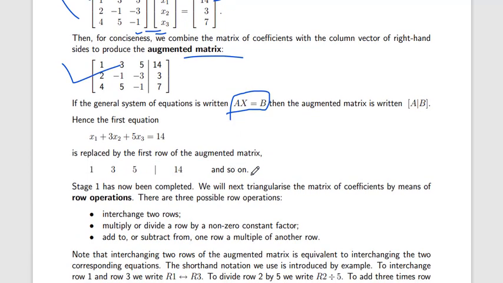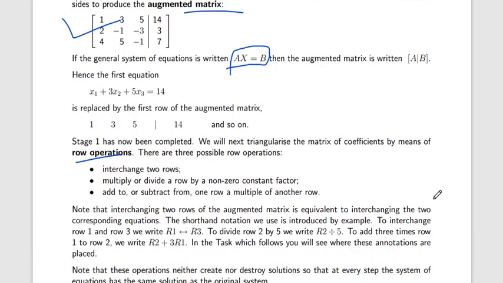Okay, so now our second step is row operation. There are 3 operations which we use to make this into an upper triangle matrix. This is called row operation, not column. In our lecture I only discussed changing rows or dividing a row, but not columns.